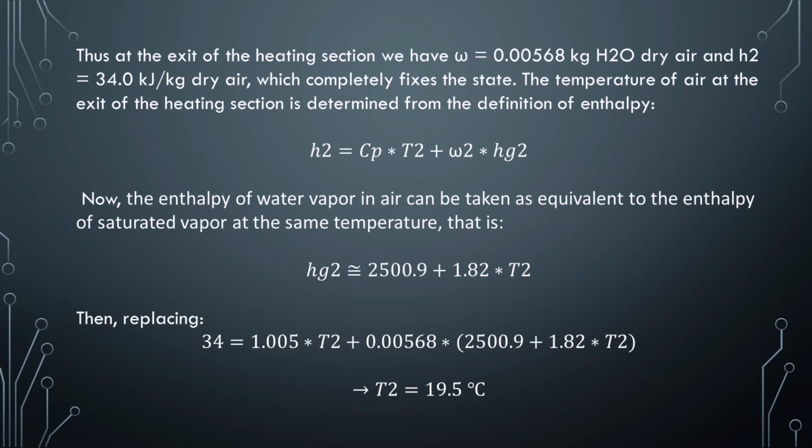That is this approximation. And after replacing in the equation of enthalpy 2, we got an equation only for the variable temperature 2, and after replacing, we got the temperature 2 is 19.5 degrees Celsius.